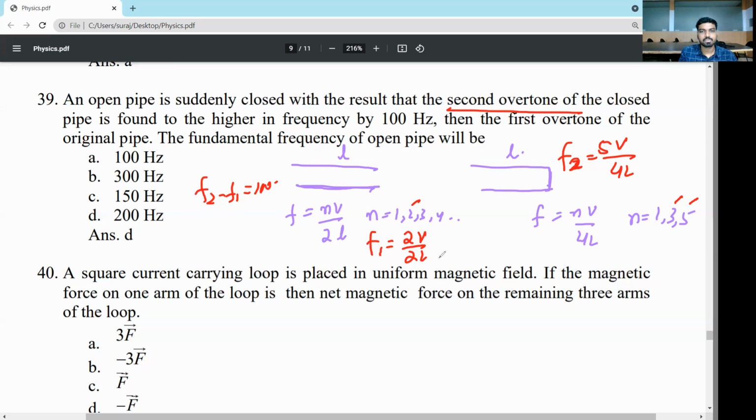So this becomes 2 into 2, so 4v by 4L, or v by L. v by L is what? F1. This is F2, 5v by 4L minus 4v by 4L equal to 100. So v by 4L, right? This becomes v by 4L equal to 100.